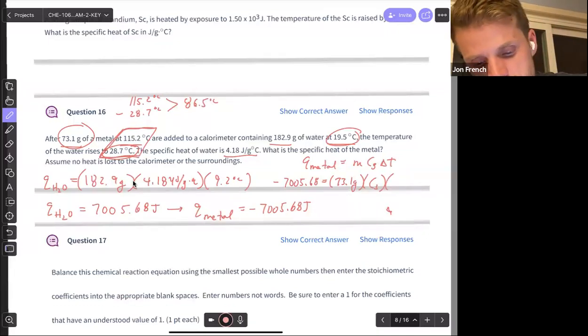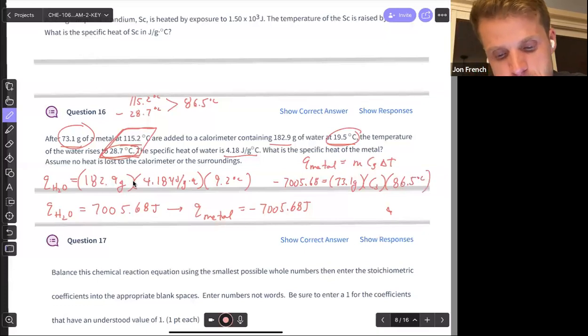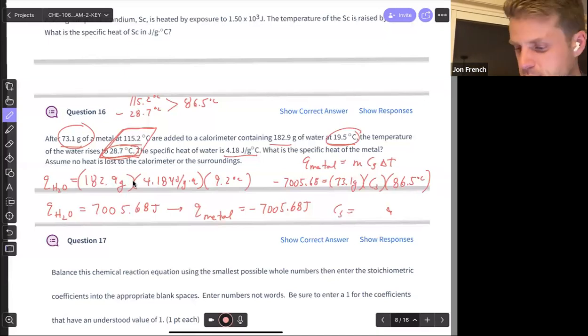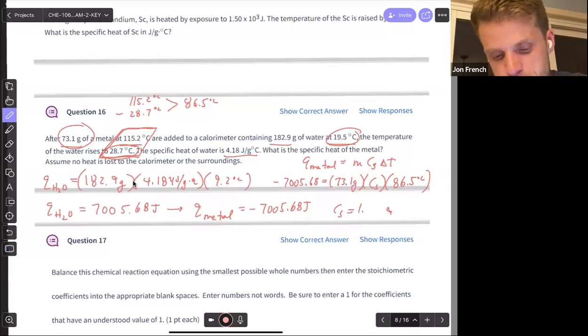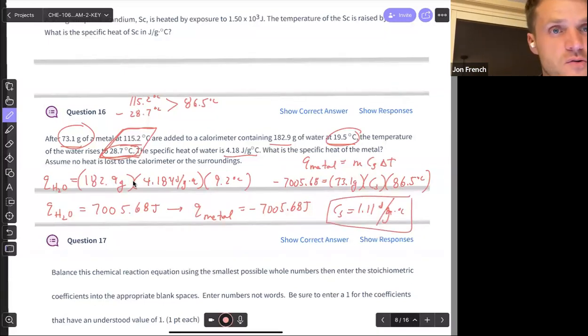So we plug that in. And we multiply, divide across, and we get a specific heat for the metal. So let's see, times 73.1. And then 7,500 divided by that. I get a specific heat of about 1.11 joules per gram per degree Celsius for question 16.